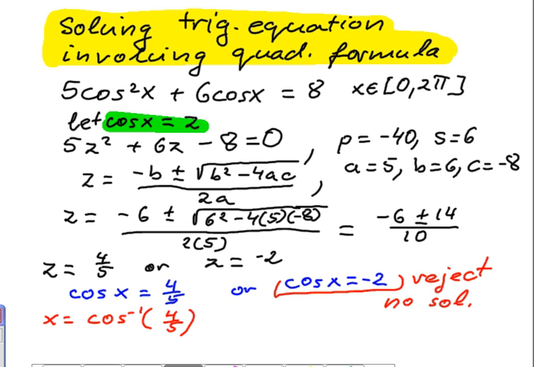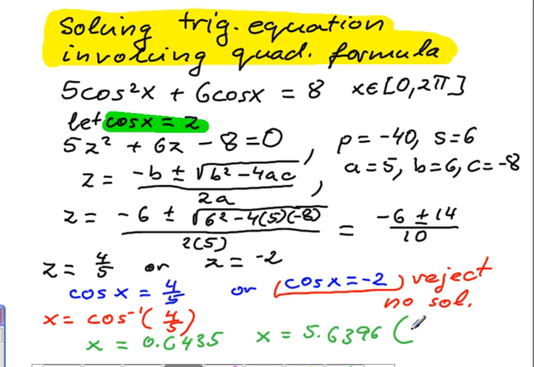And 2 roots. So the first one, when you get your calculator, you punch in the numbers, and you get 0.6435. The next one, you will find 2 pi minus that: 5.6396.